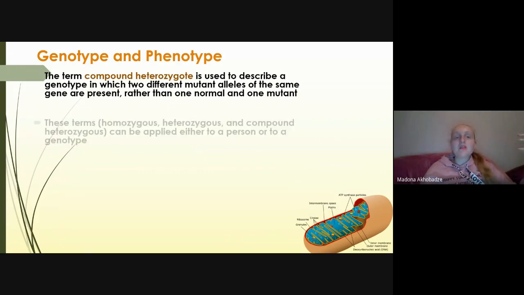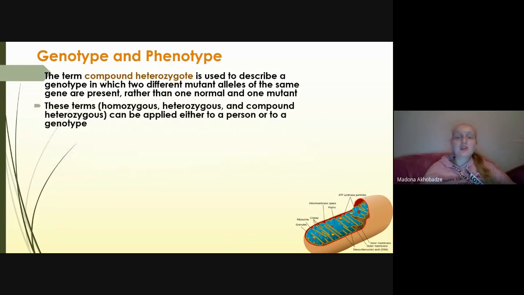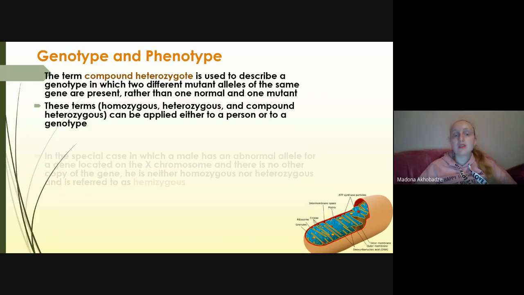Heterozygous or homozygous can never be used in reference to the sex chromosomes, especially in the male, because they only have one X and the other is Y, so they are neither heterozygous nor homozygous. They are called hemizygous in terms of the sex chromosome.